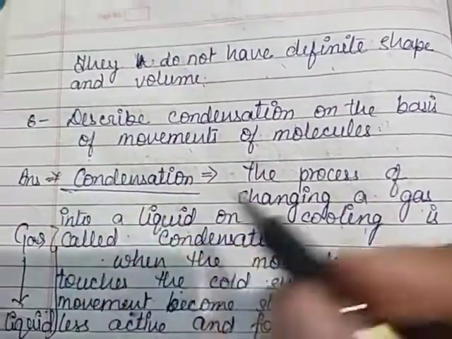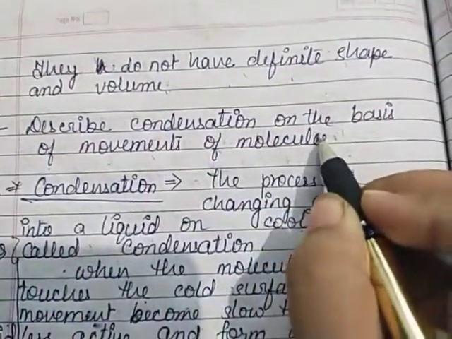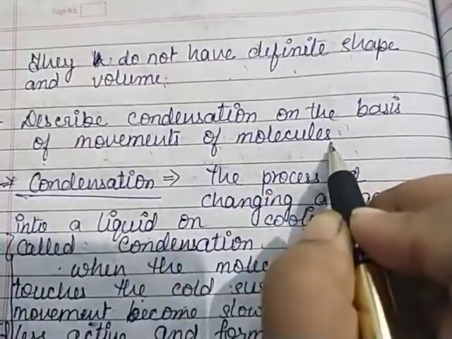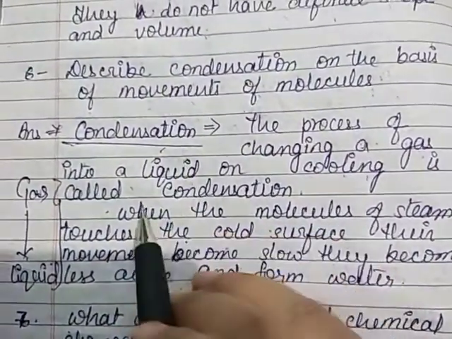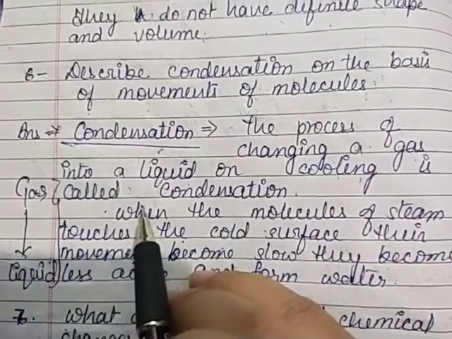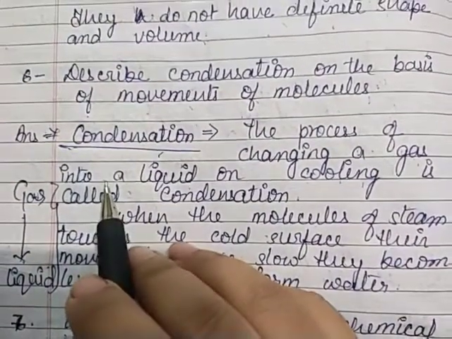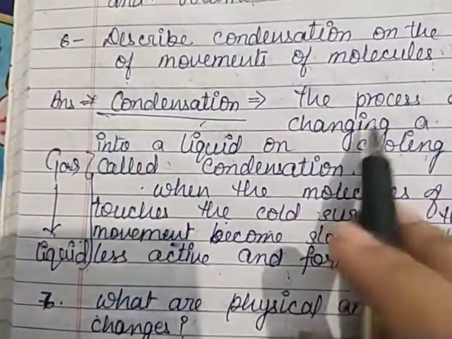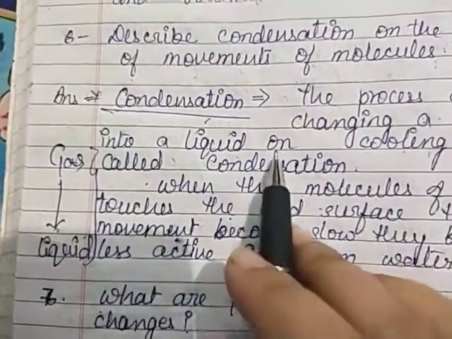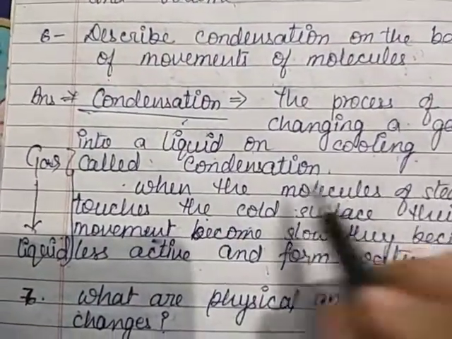In the question 6, we have to describe condensation on the basis of movement of molecules. So condensation, it is again a process in which gas is converted into its liquid form. So the process of changing a gas into a liquid on cooling is called condensation.